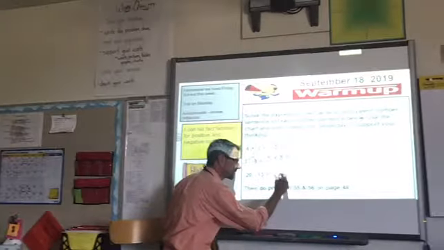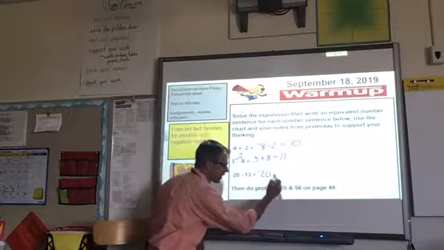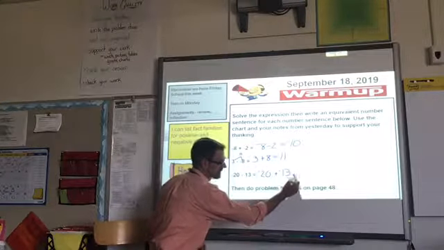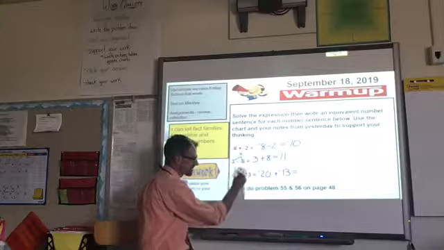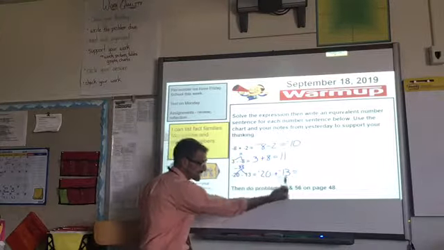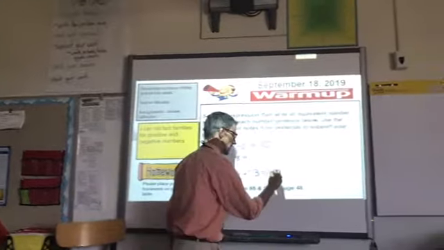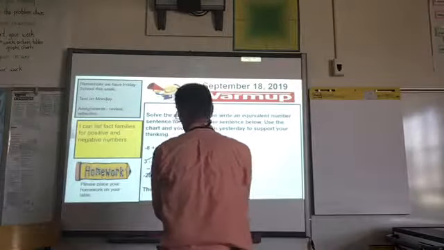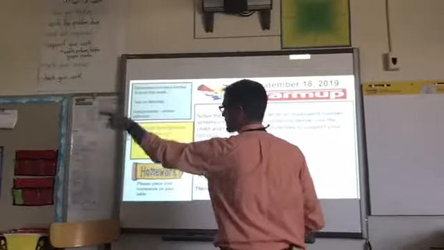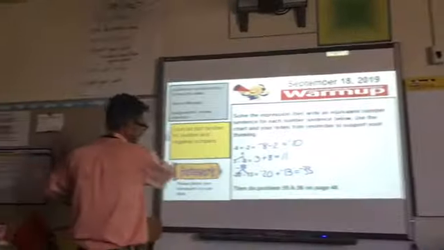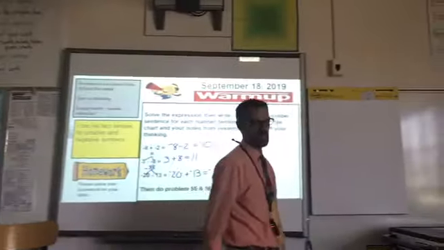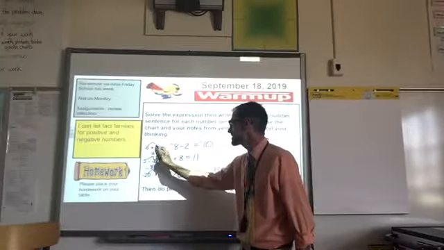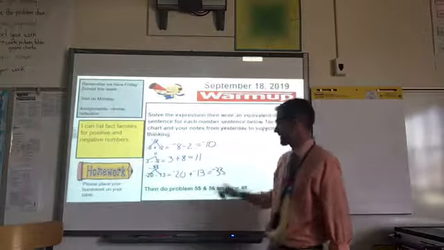So if I go -20 here, I'm going to go plus -13. So this equals -33. I start at -20 on the number line. I know I'm going to add a negative, so I go left 13 places. That gives me -33. These are equivalent. That means this is -10, so is that. That's -10.